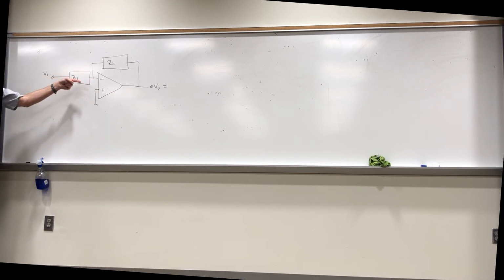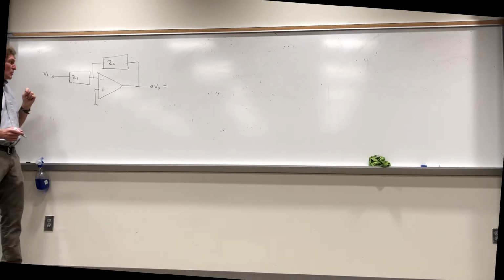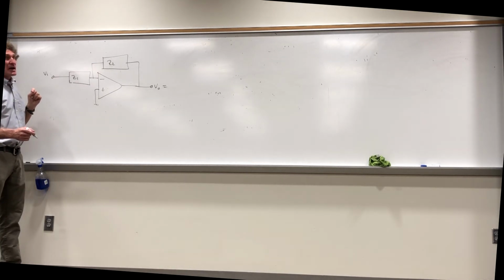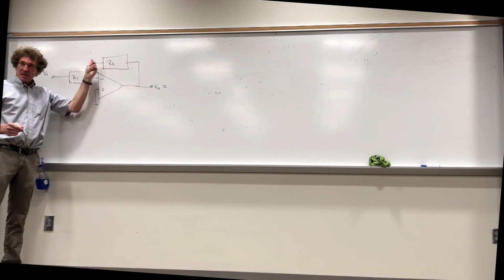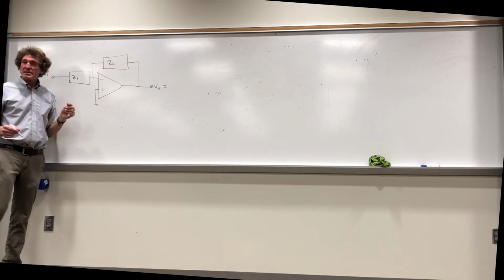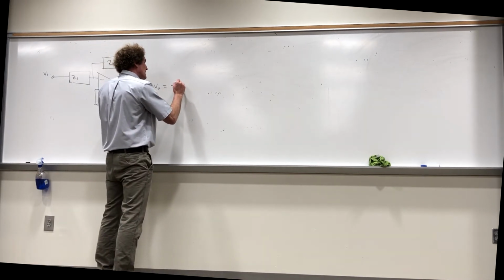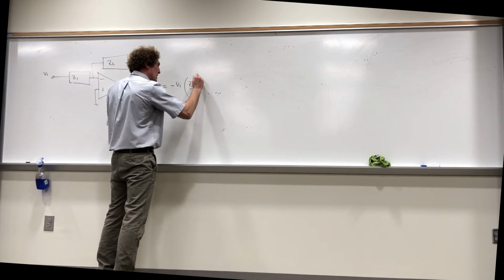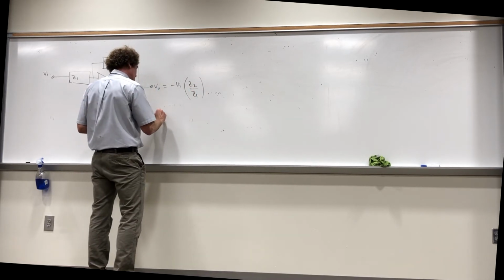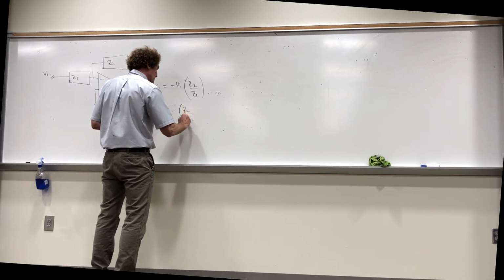Then we could take that current Vn divided by Z1, multiply it by that impedance, where I get Vn times Z2 over Z1, get this voltage, and then because I got a plus to minus, the output is minus that. Or you will get this, minus Vn times Z2 over Z1. Or the voltage gain is simply minus Z2 over Z1.